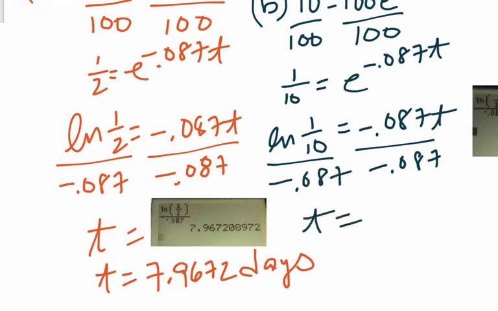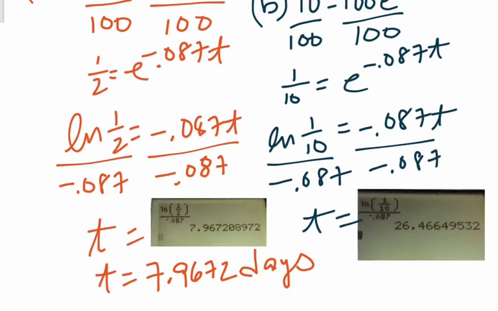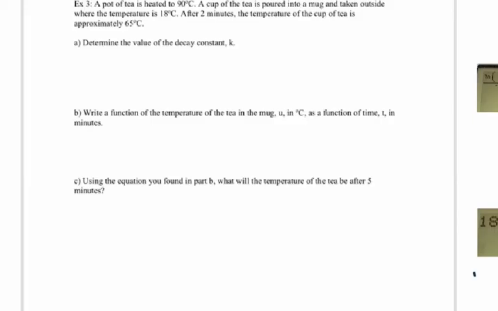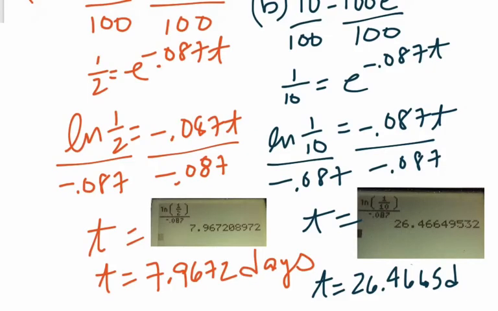And I wind up with t is equal to, in this case, 26.44649532, and then I wind up writing t is equal to 26.4465, and again this is days. So make sure you're writing days here. Okay, so that would be the second question.